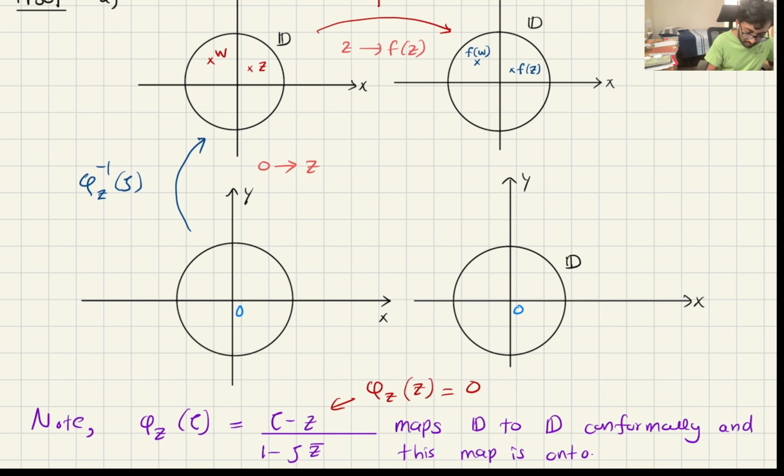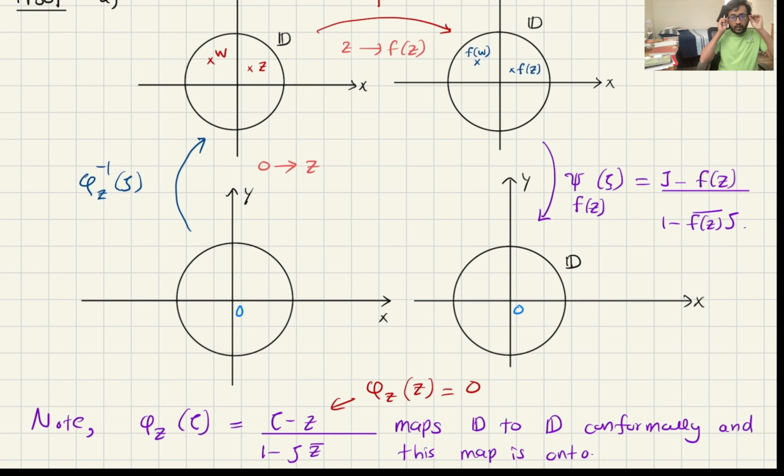I would call that map psi_{f(z)}. It is psi_{f(z)}(tau) equals (tau minus f(z)) divided by (1 minus f(z) bar tau).